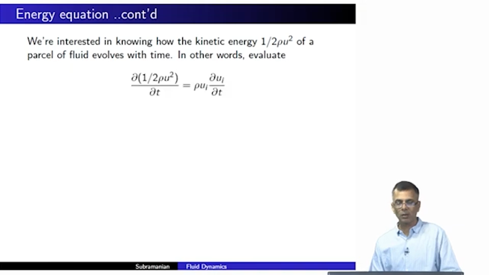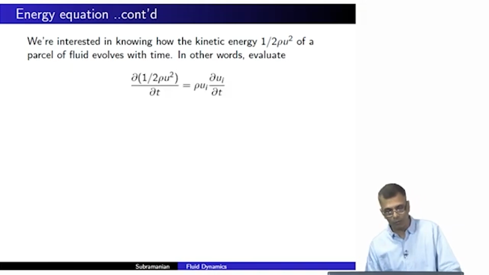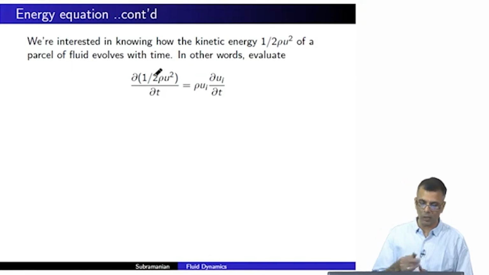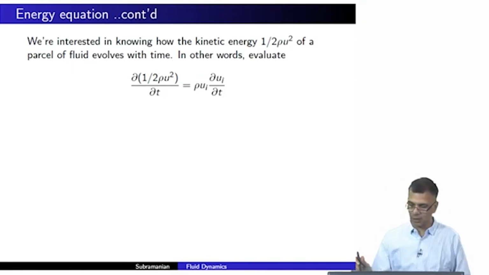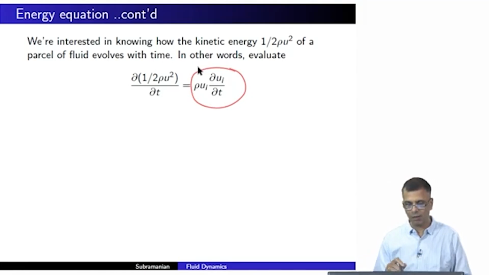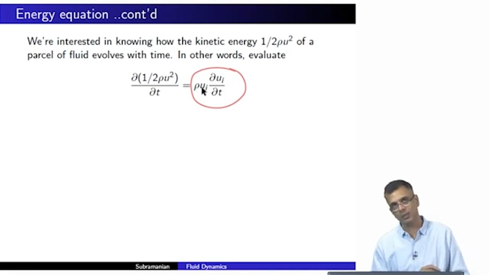Okay, so in other words, what we want to evaluate is this quantity, d over dt in the lab frame, as seen by an Eulerian observer, of this quantity half rho u squared. Another way of writing this is this. Okay, this is easy enough to see. You see, d over dt of u squared is 2 u du dt, and that's essentially what this is.